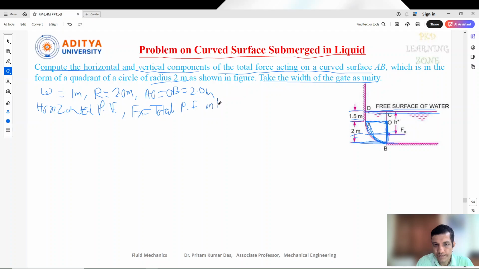the total pressure force on the projected area of this curved surface AB on a vertical plane.